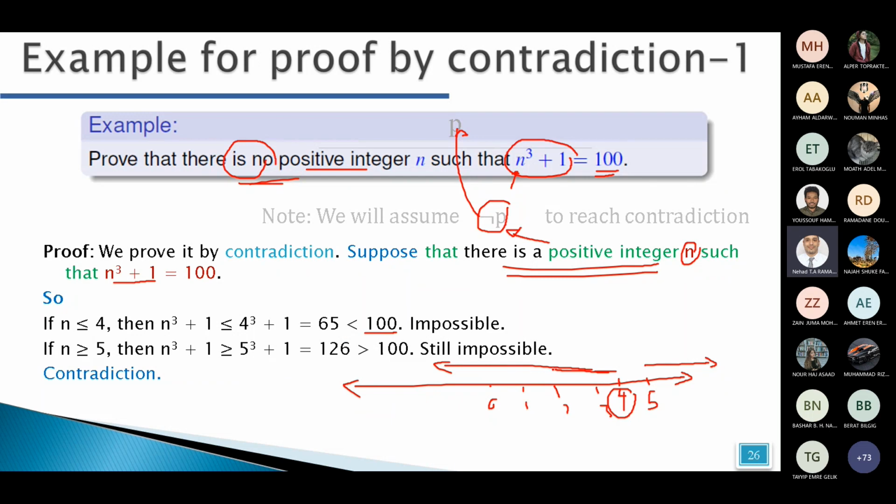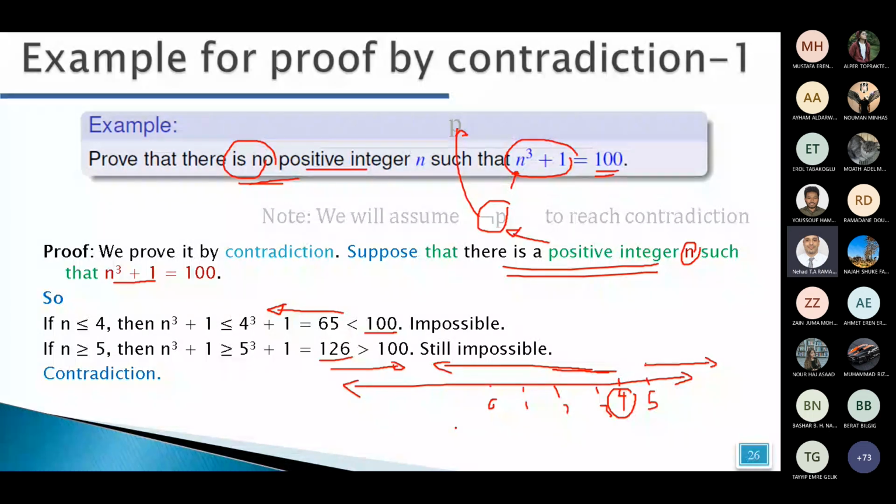So any number less than 4, of course, will give me a number less than 100. Why do I take also 5? Because 5 will give me a number more than 100 and it's directly after 4.